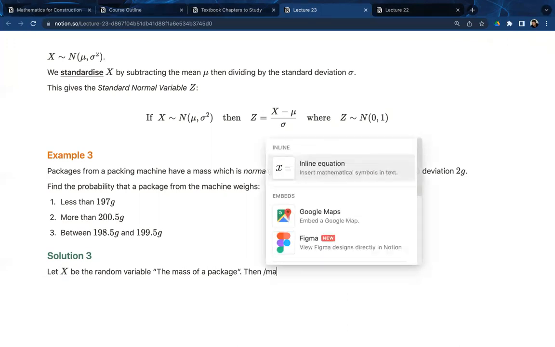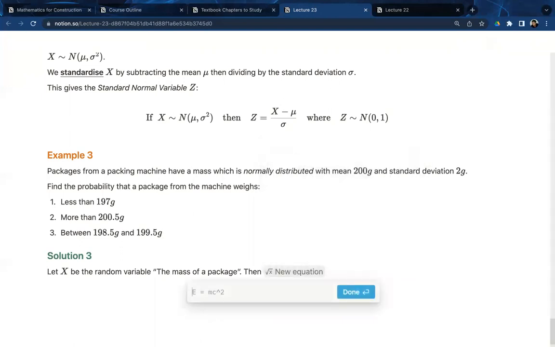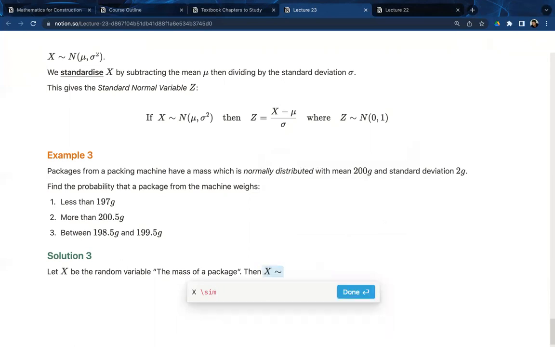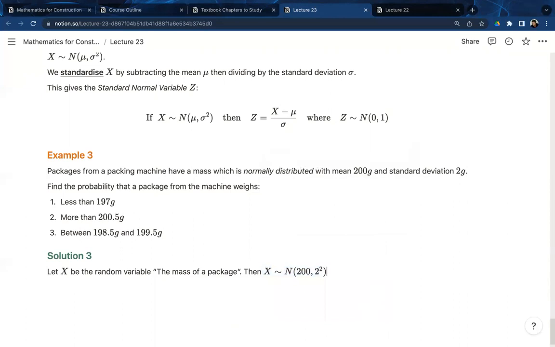Then X follows a normal distribution with mean 200 and variance 2 squared, because they say the standard deviation is 2. So this is what X is here.